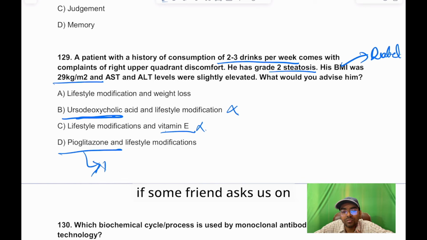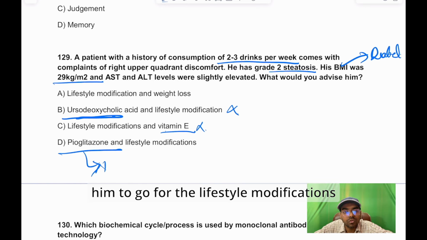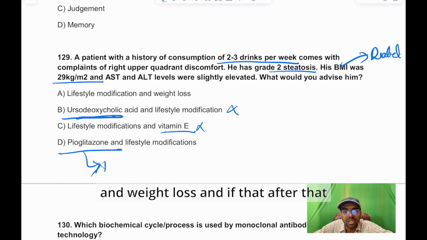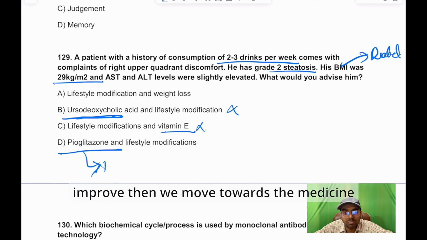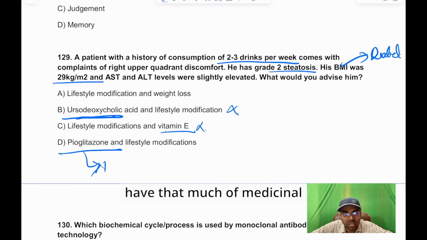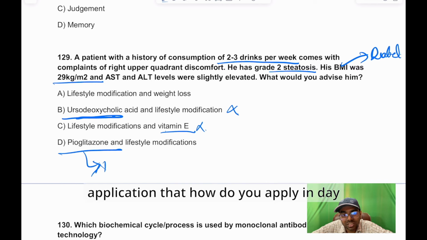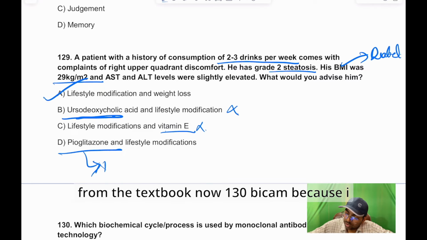If some friend asks us on phone, we first advise him to go for lifestyle modifications and weight loss. And if after that also he is not able to improve, then we move towards the medicine part. So if you have that much medical application, that is how you apply it in day-to-day life rather than cramming each and everything from the textbook.